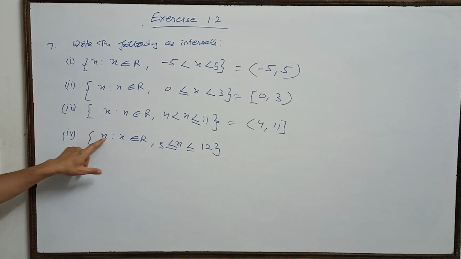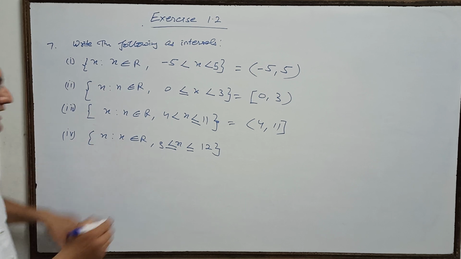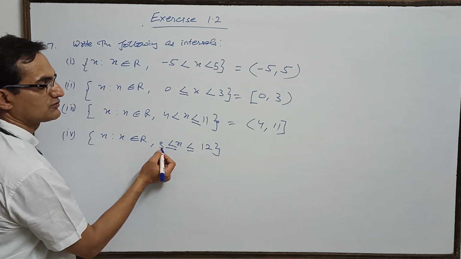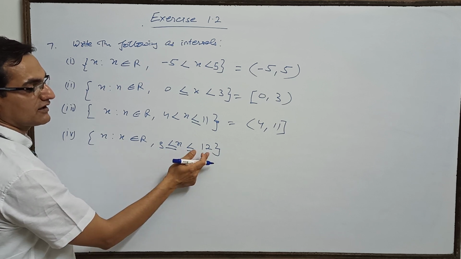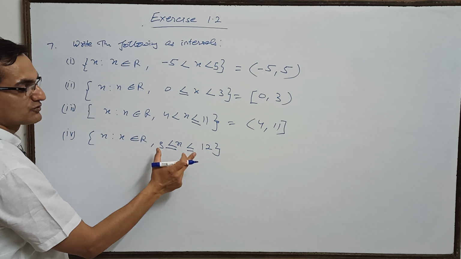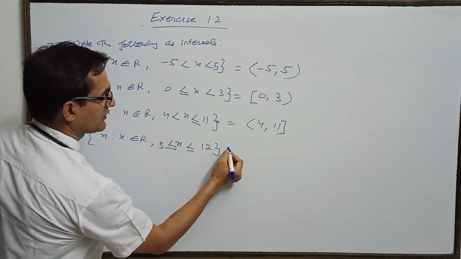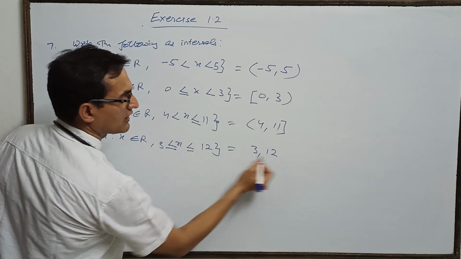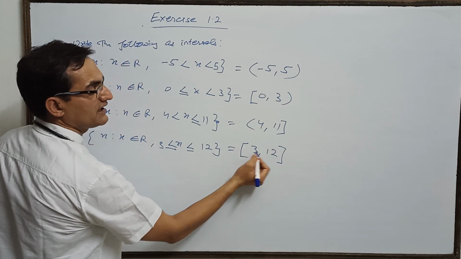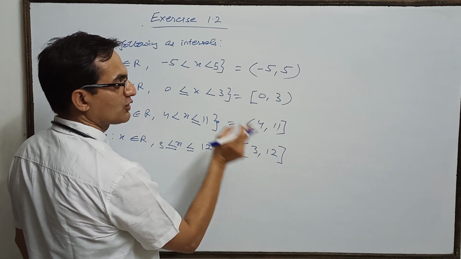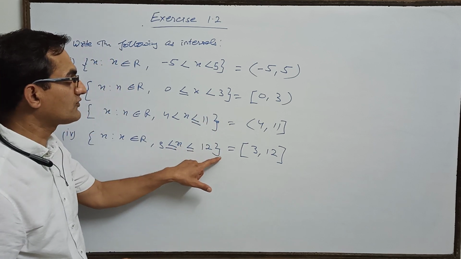Now this one, x such that x belongs to real numbers and x is greater than or equal to 3 but less than or equal to 12. Means both 3 and 12 are included in the interval. So this is a closed interval from 3 to 12, in which both 3 and 12 are included.